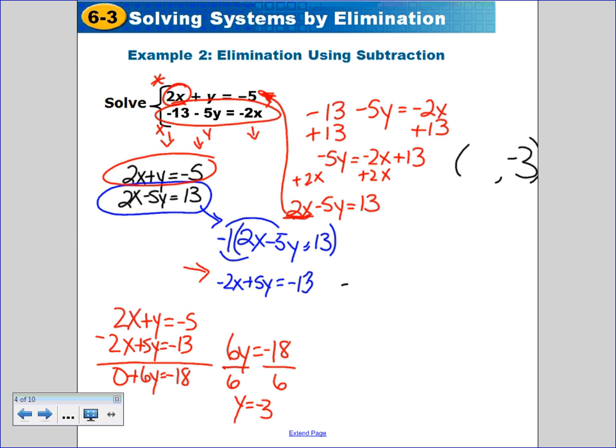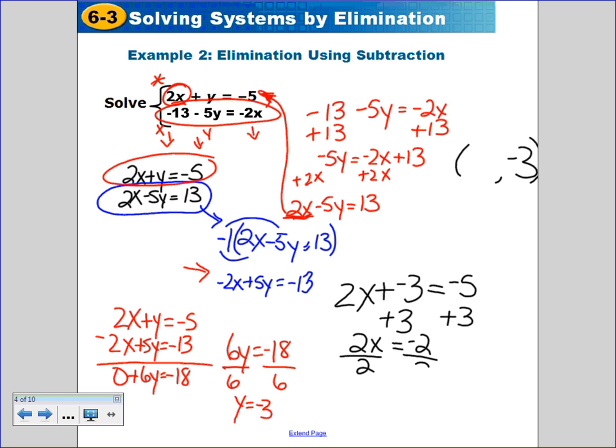So I'm going to say that 2x plus, well, my y here is negative 3 is equal to negative 5. So that negative makes it a minus. I'm going to add 3 to each side. So this is 2x is equal to negative 5 plus 3, negative 2.